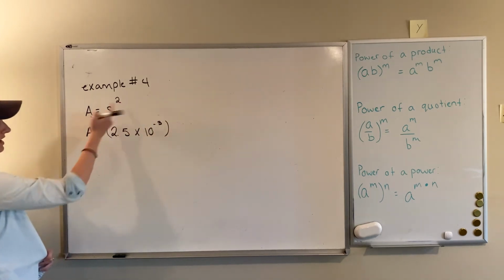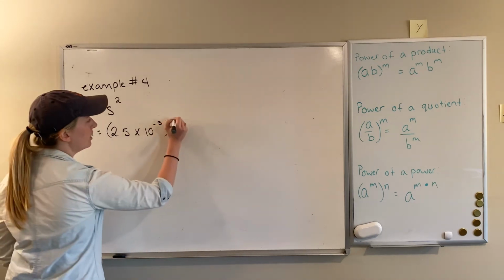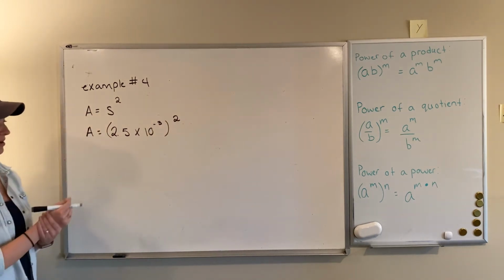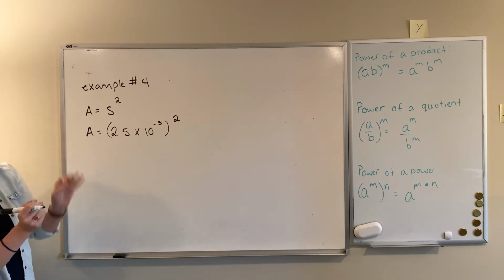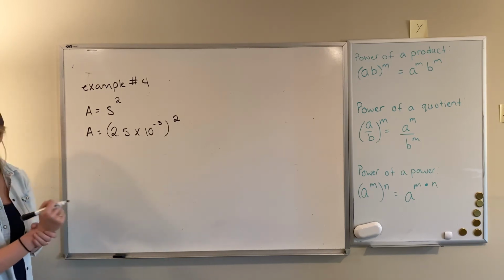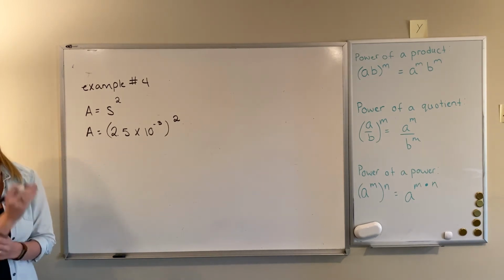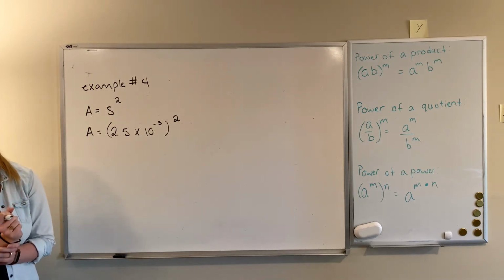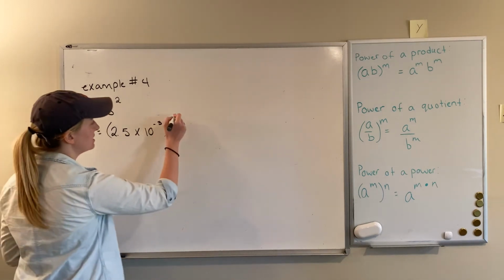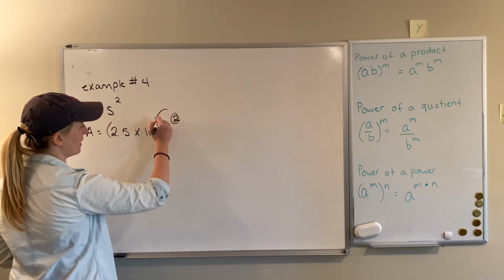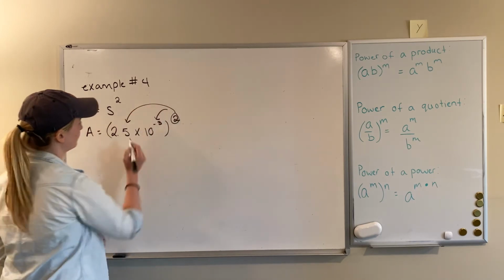Well, to find the area, we just square the length of our side, which means we now have a combination. We have the power of a product, and we have the power of a power. So step 1 is we need to distribute this 2 to everything inside of our multiplication.